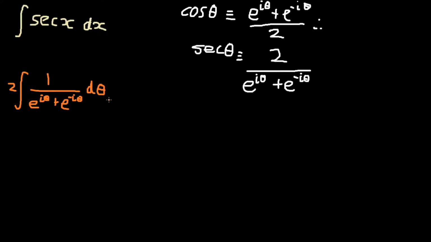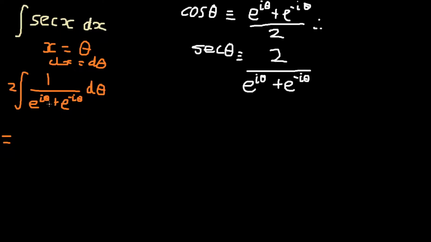I should probably stick in the x world, but it's just a dummy variable, it doesn't really matter. Let's keep it with theta. X is theta, so dx equals d theta. I'll use theta for complex numbers like this, and then we can substitute x at the end. It doesn't make a blind bit of difference.